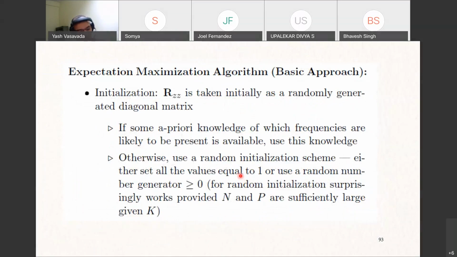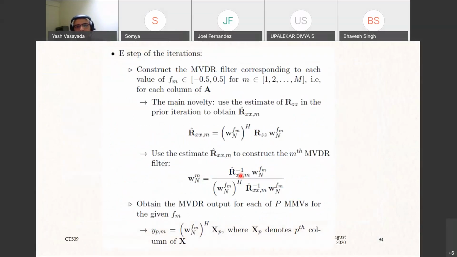Okay, so the next step is to look at what the iterations are doing. Inside the iteration we have this MVDR method sitting in. Just like what we did in the MVDR, inside the iterations of this EM, we form an MVDR filter for each value of f.